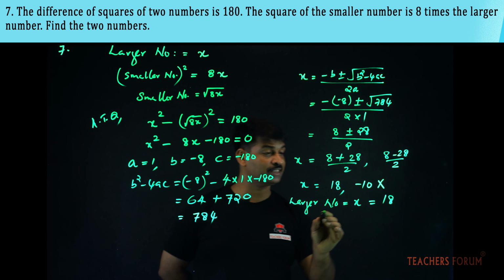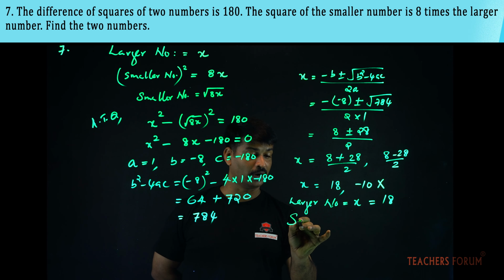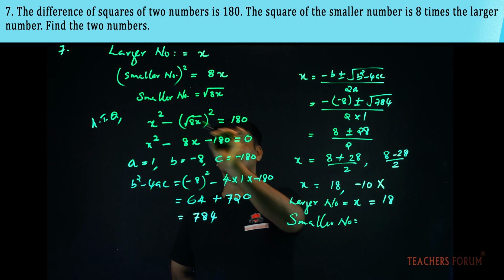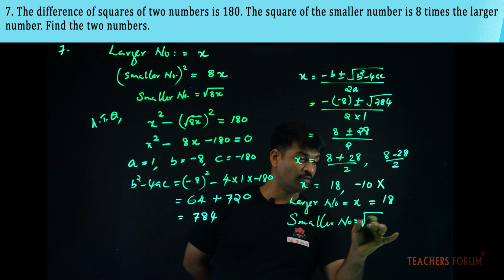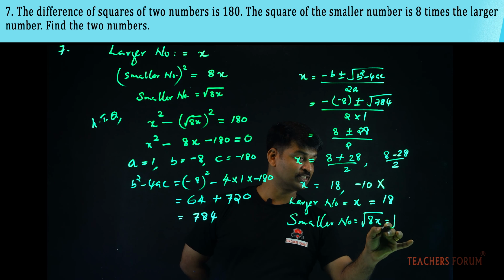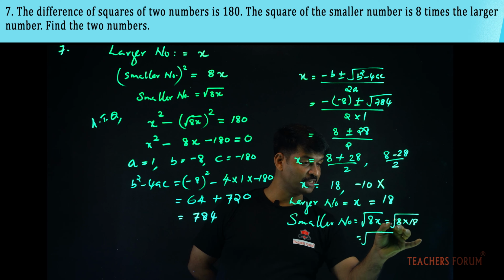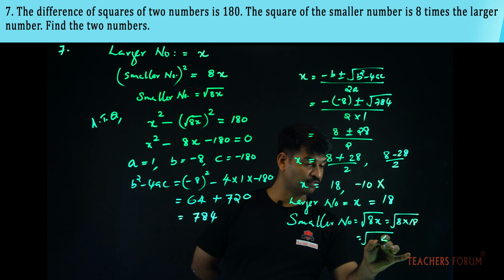If the larger number is 18, what is the smaller number? The smaller number equals root of 8x. That is root of 8 into x, x is 18. What is 8 into 18? That is 144.